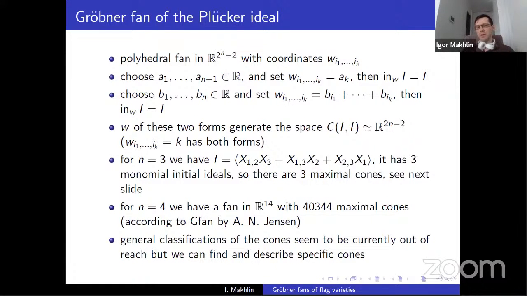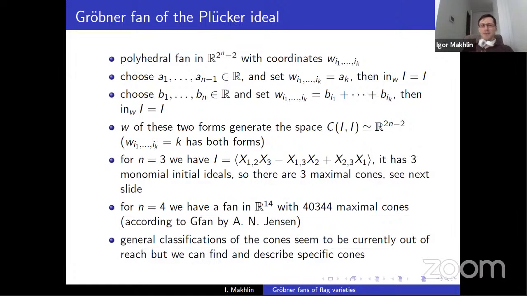But if you apply the software, it will tell you that it actually has 40,000-something maximal cones, so cones of dimension 14. So it has 40,000 different initial monomial ideals. And this is crazy. Compared to the number of ideals that we can actually describe explicitly, this is a very large number.